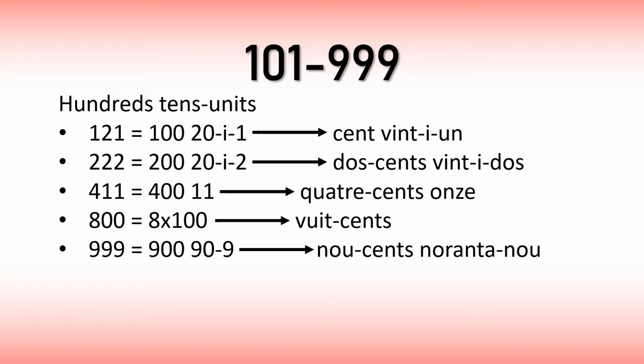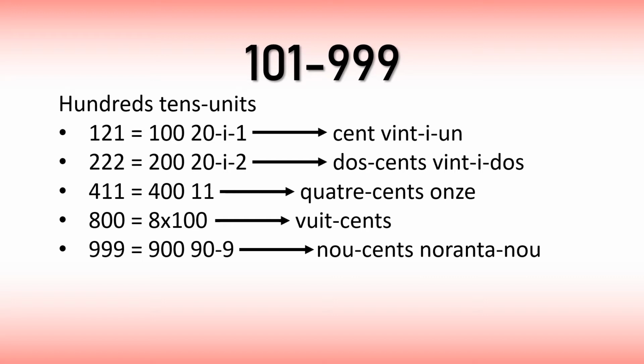So in the case of 800, we have 8 hundreds, literally. So we say vuit-cents. And finally, for 999, we have 900, also 90, and then 9. Nou-cents noranta-nou. 999.